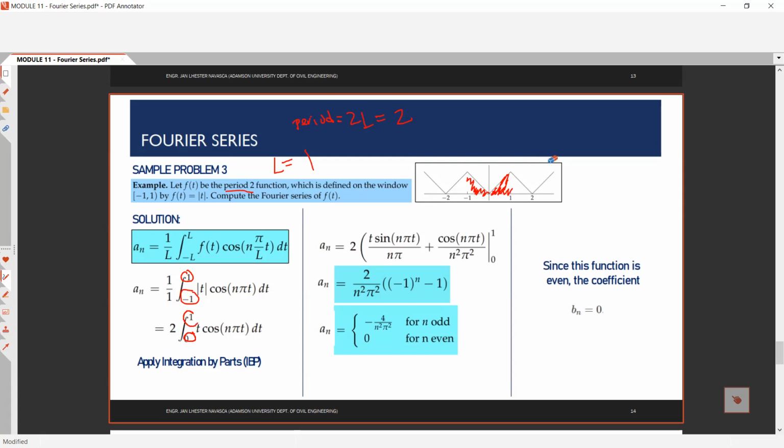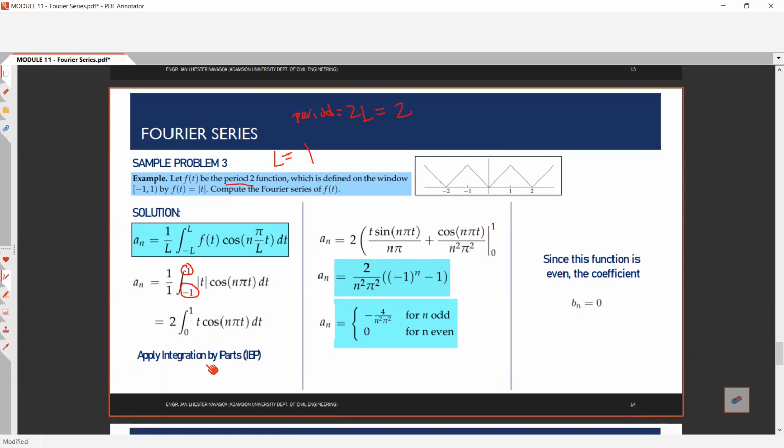So therefore, hatiin mo siya: 0 to 1 of t cosine n pi t dt. Then palitan mo yung boundary ng 0 to 1, kalahati times 2, so may times 2 sa labas. So therefore, applying integration by parts, this is LIATE ulit.